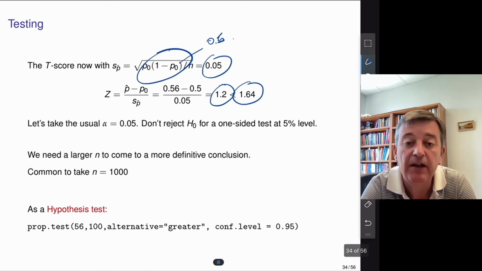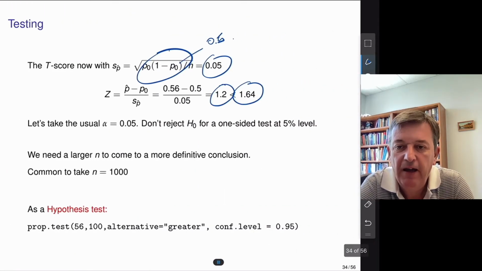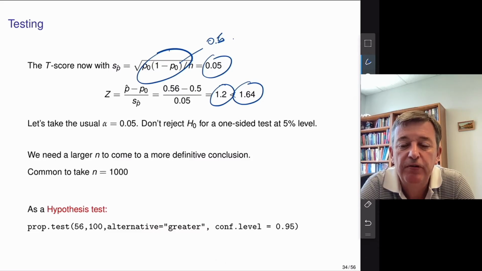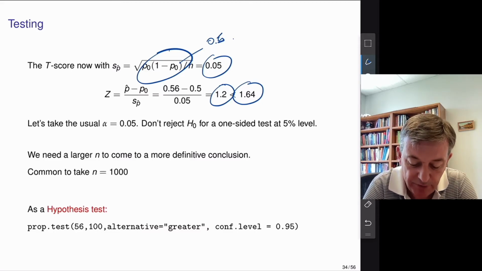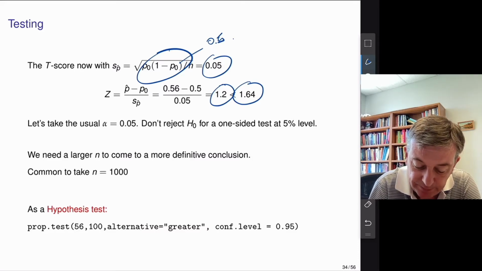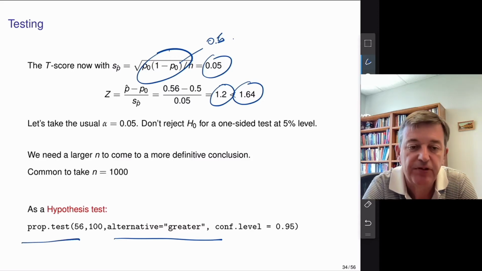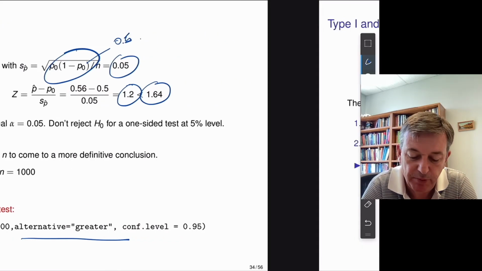Another way of saying it is the evidence I've seen is only 1.2 standard deviations away from what you would have expected under the null, and so it hasn't reached our level of significance. Okay, and again, as a hypothesis test, I will do it as a prop.test.